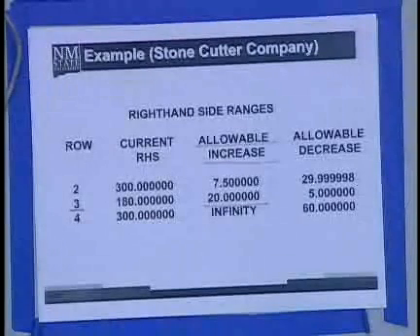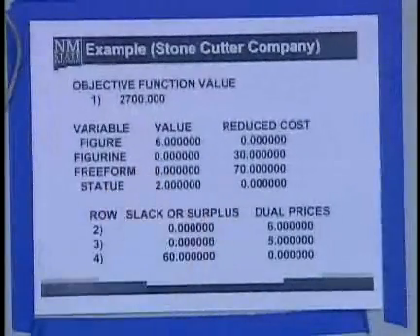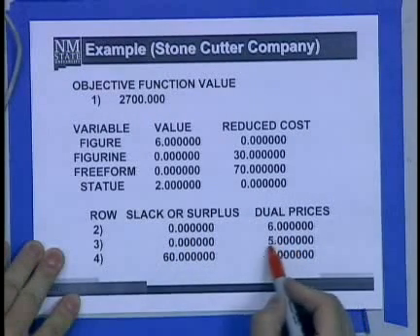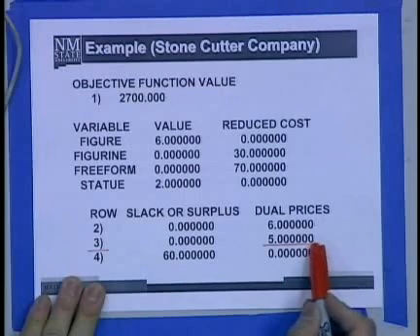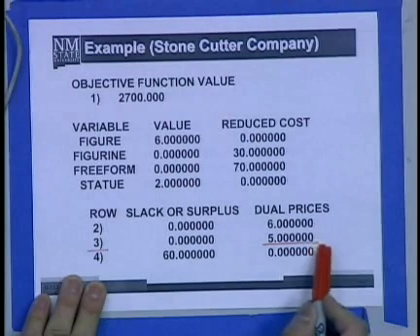So the current dual price for row number 3 remains valid. And in our example, the dual price for row number 3 is 5, which means the objective function, that is the profit, will increase $5 per additional hour of chiseling.